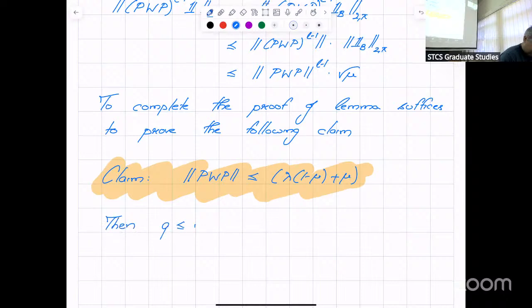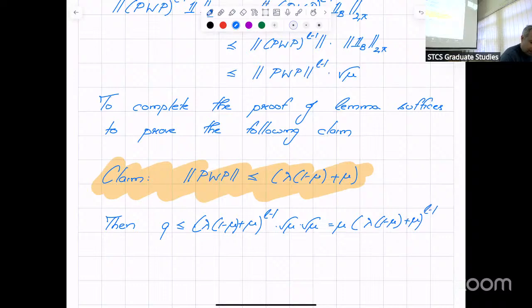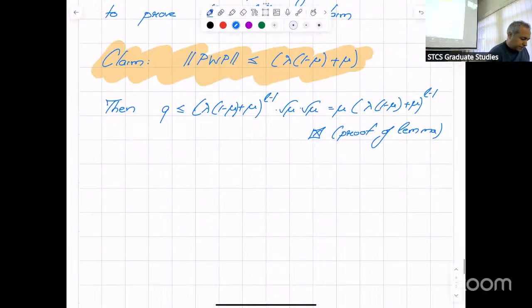Equal to lambda_1 minus mu plus mu to the power n minus 1 square root mu, which is times lambda_1 minus mu. So that is the end of the proof of the lemma. We have to prove the claim. Let's go.